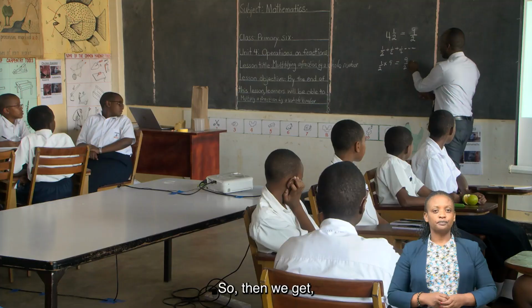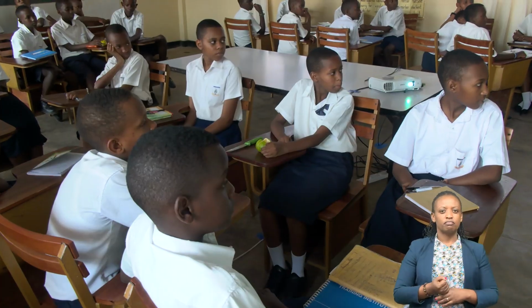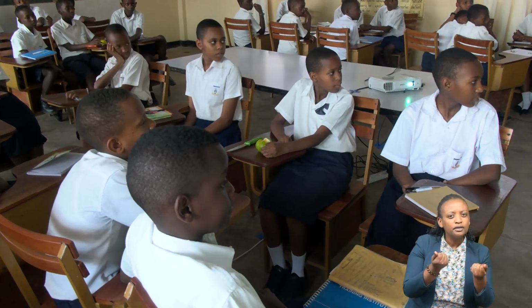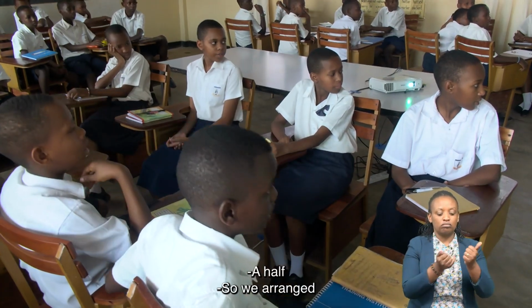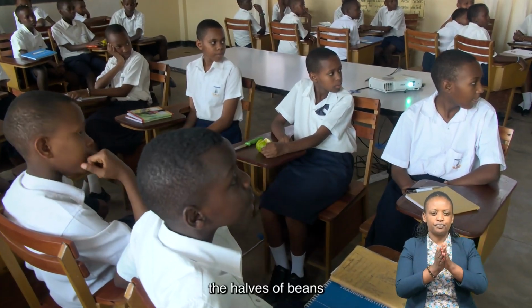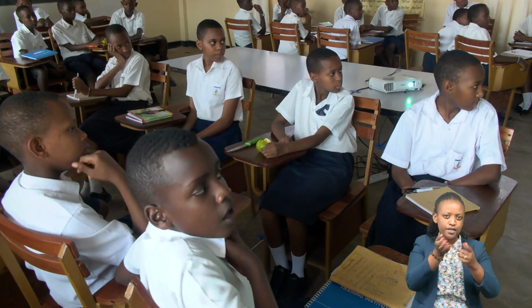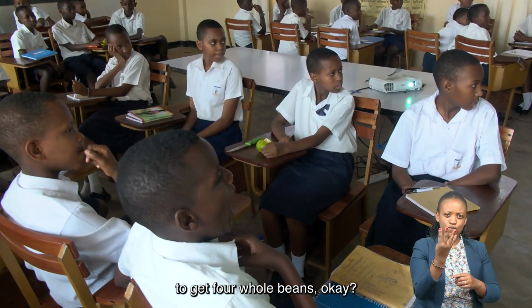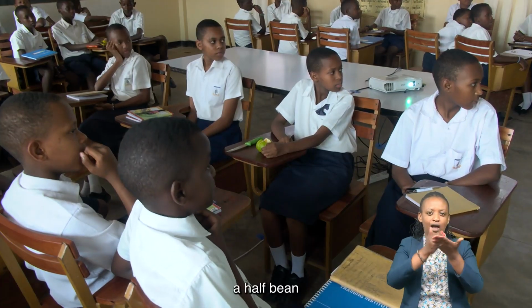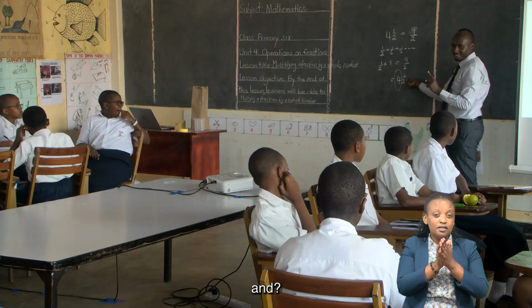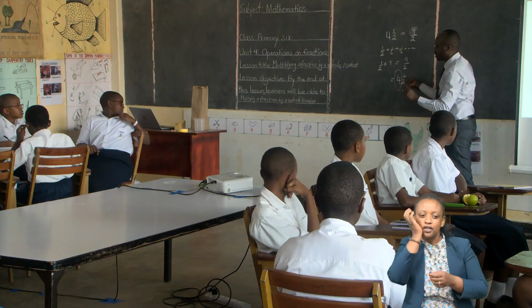Then when we divide, we get 4, and so we arranged the halves of beans to get 4 whole beans and a half bean.